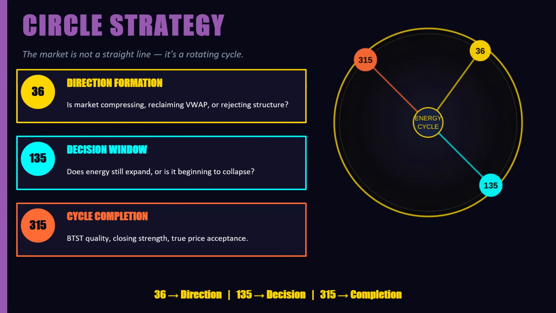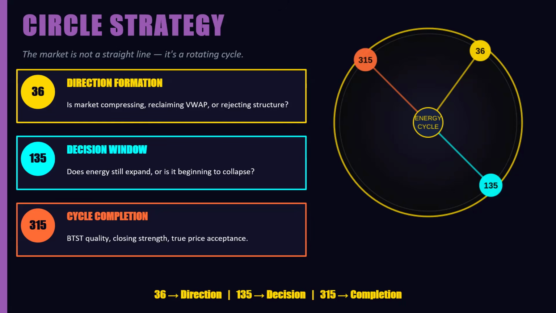Suppose at the opening bell itself, the 36 time window comes. How many times you might have seen prices blast to that level, the 36 time window, and then there will not be much expansion. At that time, so many times the trend will set towards the downward cycle. So direction formation is the 36 time cycle, time window.